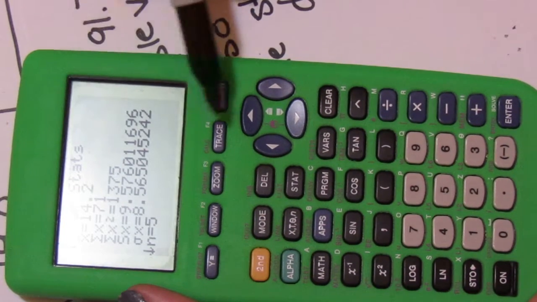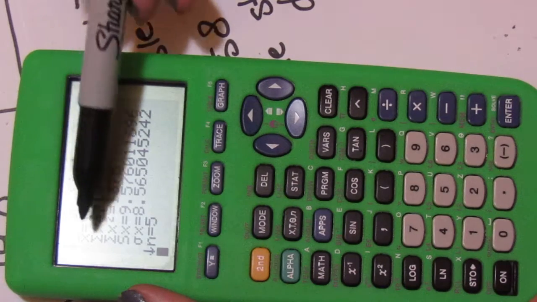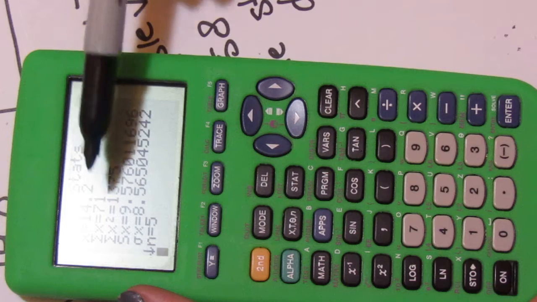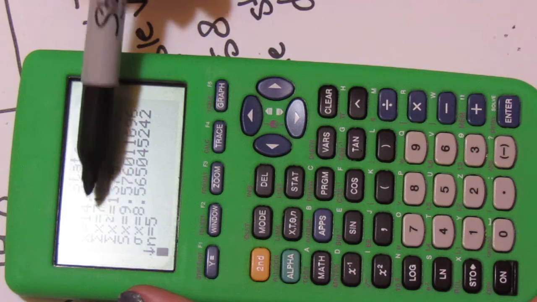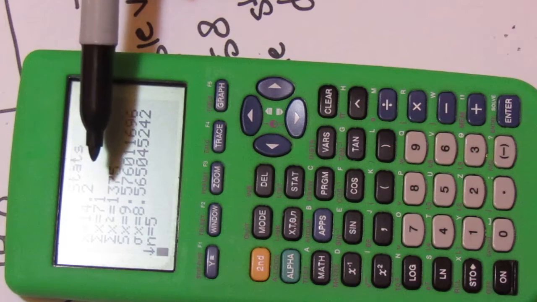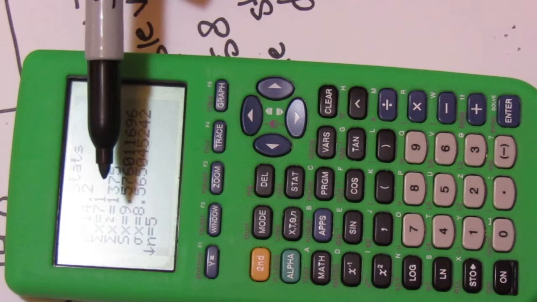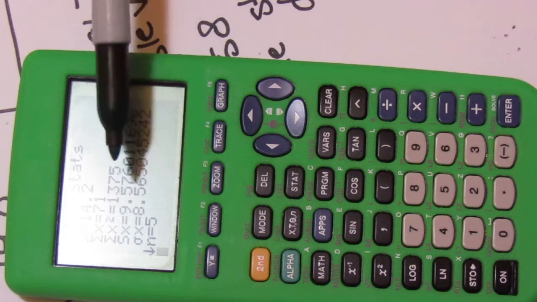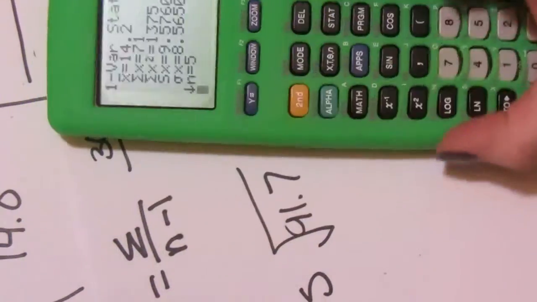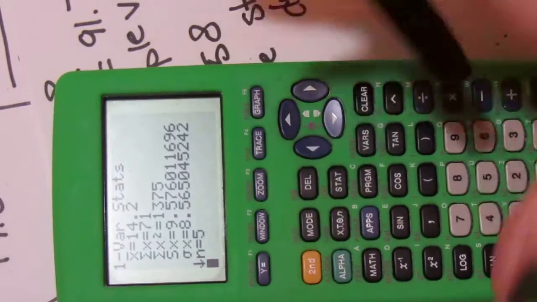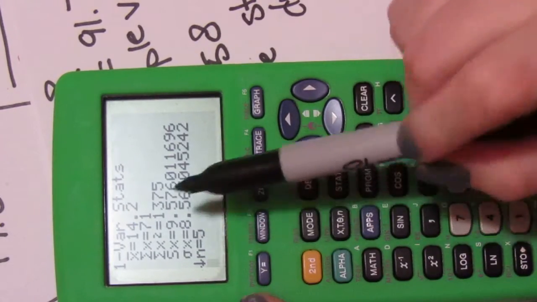This gives you basically everything that we just did. X with the line over it, meaning the mean, it gives you the mean. And then it tells you the, let's see, what was the 71 for? I don't remember what the 71 was for. It tells you Sx, so that was our sample standard deviation, 9.57.